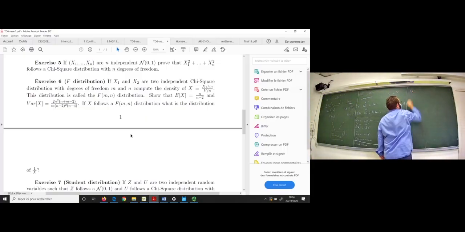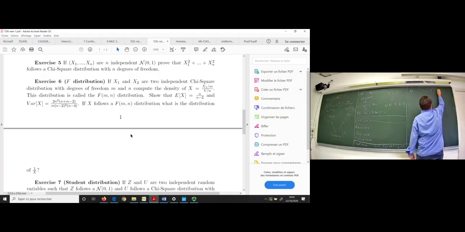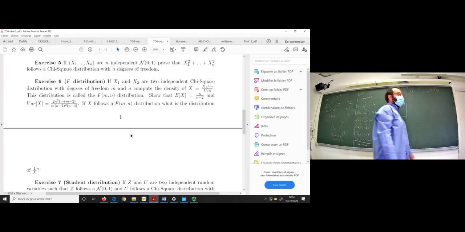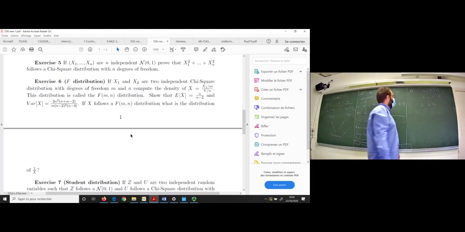Suppose that you are in this situation: you have X1 that follows a chi-square of parameter n, you have X2 that follows a chi-square of parameter k, and I suppose that X1 and X2 are independent. My question is, what is the distribution of X1 plus X2?